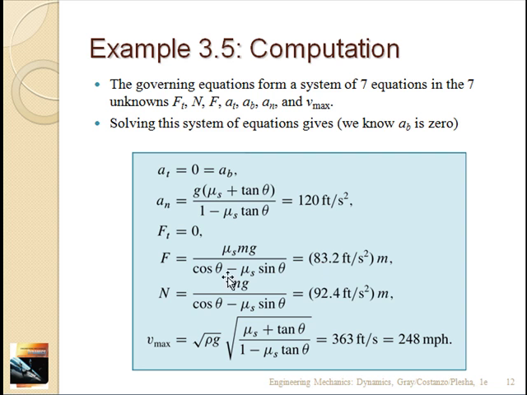So F is 83.2 times M, N is 92.4 times M. We can just eliminate M from that, and we don't have to know the mass of the car. So putting this all together, we find the maximum velocity allowed without slipping is the square root of rho g times this big ugly square root, which gives us 363 feet per second or 248 miles per hour.